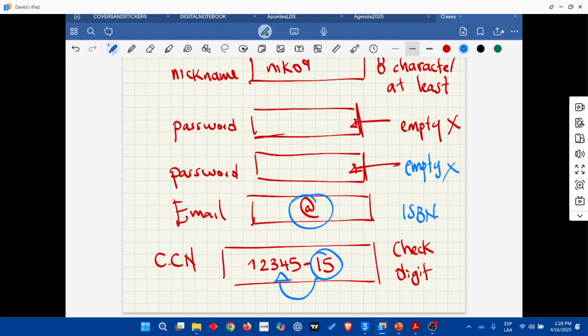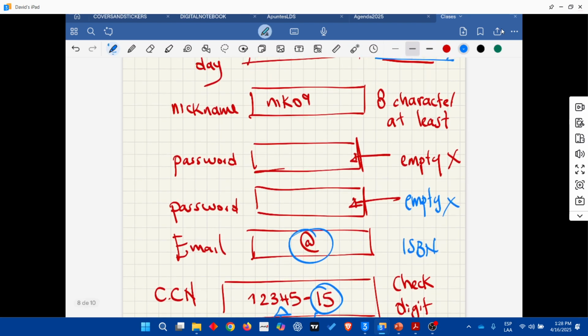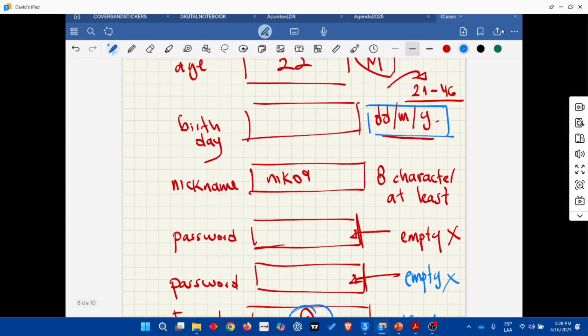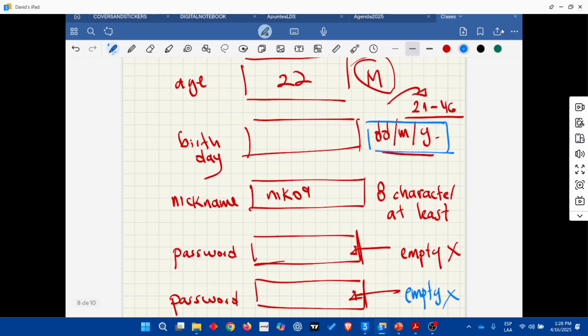For example, here, the best is using here. For example, when you are going to create your nickname, obviously for validation, you are going to be sure that you put 8 characters.